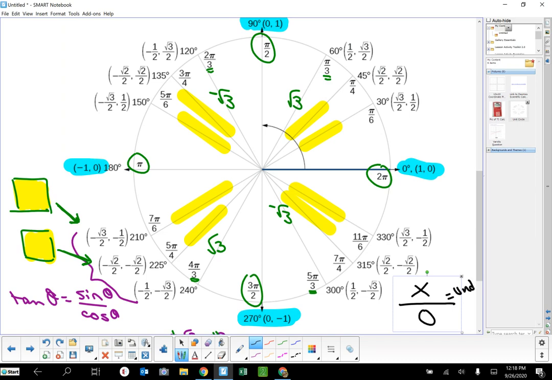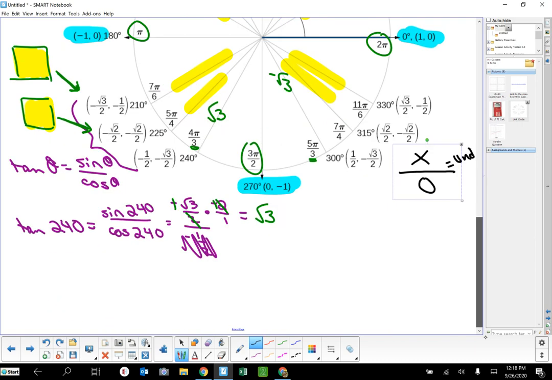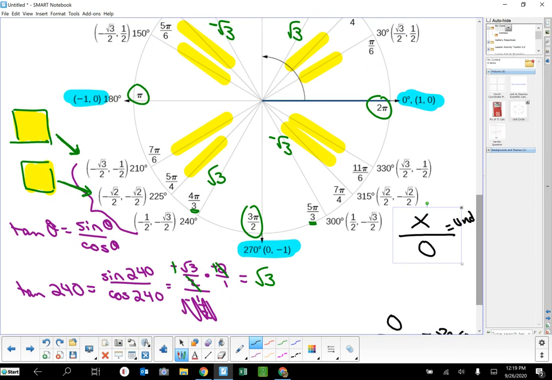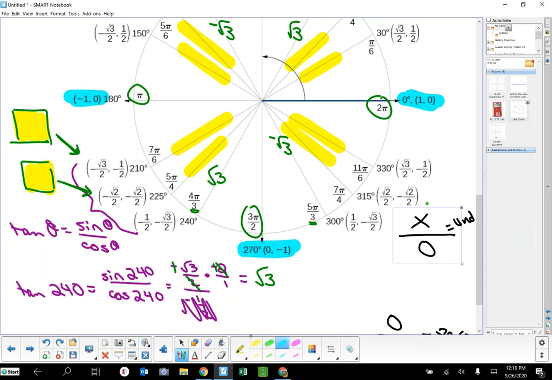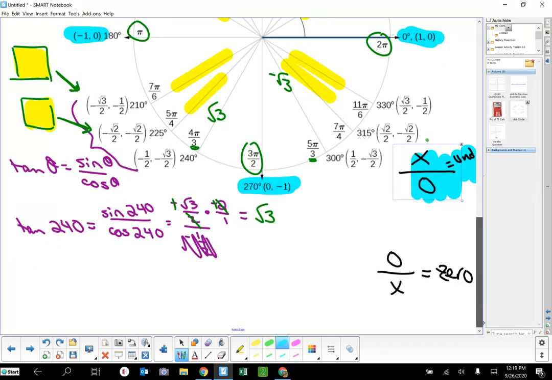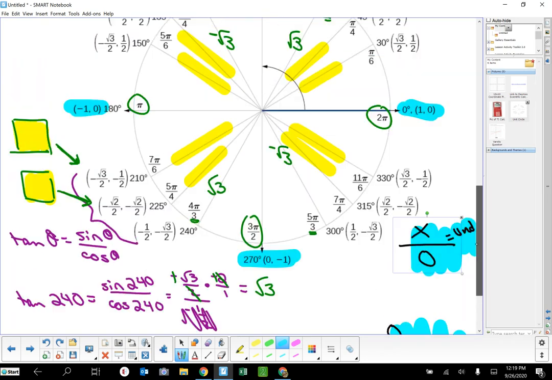So that's going to happen for a couple of those. And if you have 0 over something, this equals 0, right? So that's a couple of them. 2 of them are undefined and 2 of them are 0 for the quadrant angles, the blue ones, right? So I would take a couple of minutes and actually invest the time and do that. So I'm kind of color coding here so you know what's happening, all right?